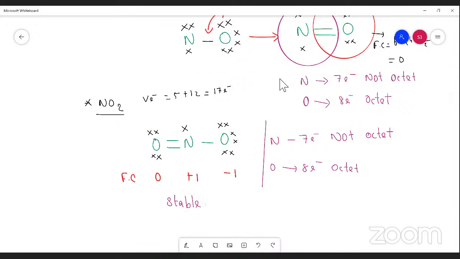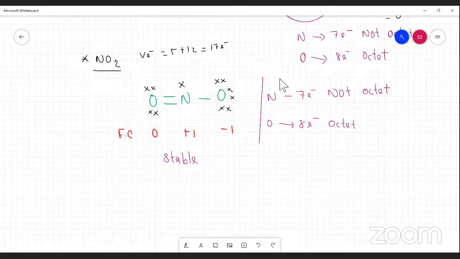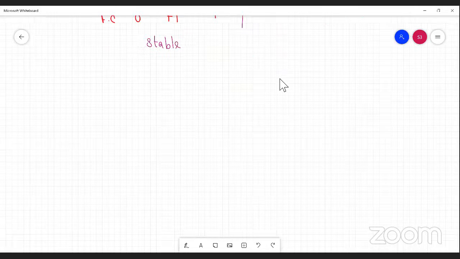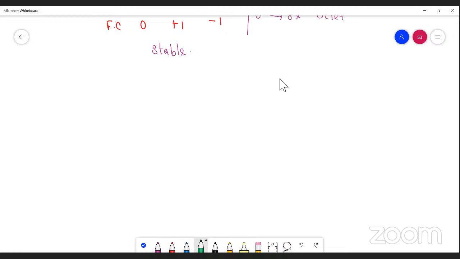So this is an odd electron molecule and an exception to the octet rule. And the next one we are taking is the super octet. What is that? Super octet.